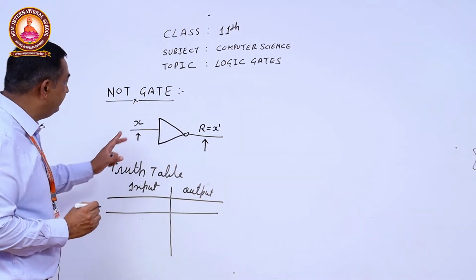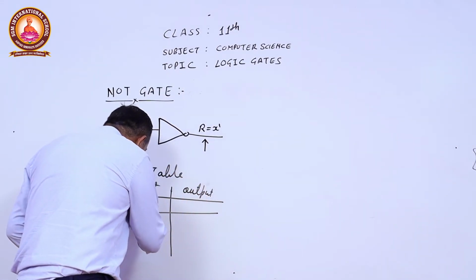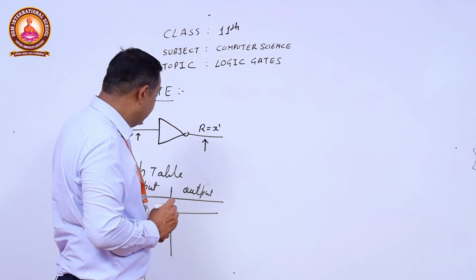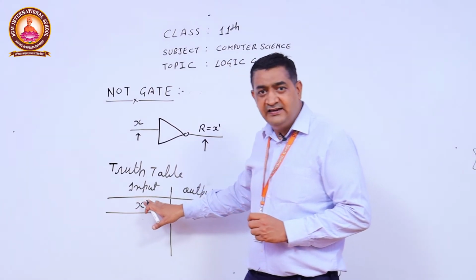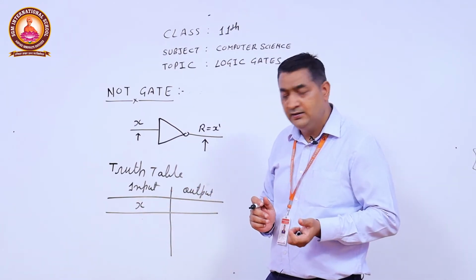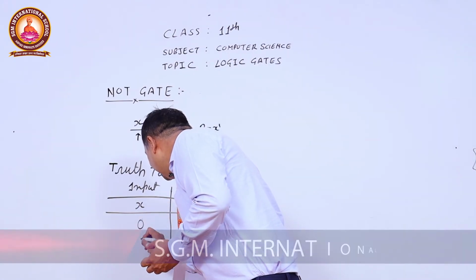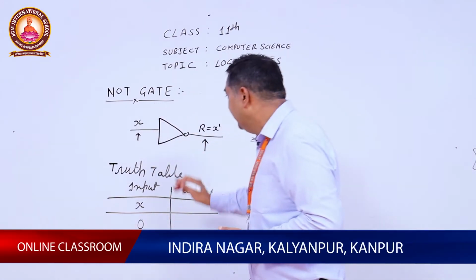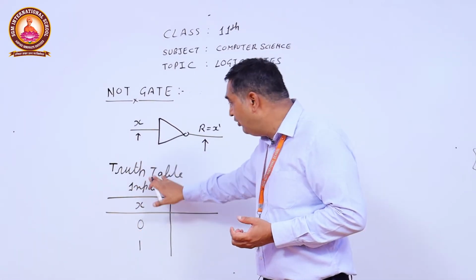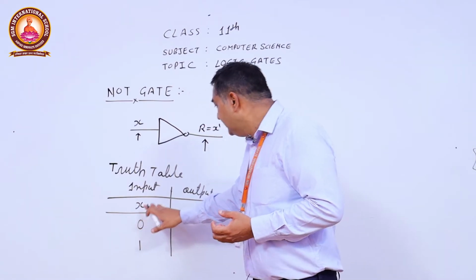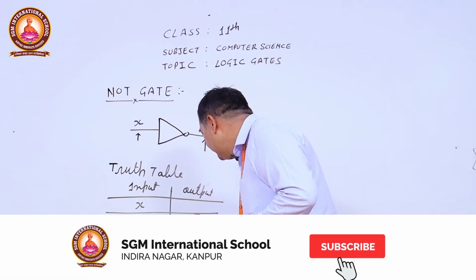How many inputs are in this gate? There is only one input, so you write X below the input word. Now X is a Boolean variable, and the value of X will be either low or high. So there are two possibilities for X: first is 0 and second is 1. When the input is 0, means the value of X is 0, then the output of the NOT gate will be 1.